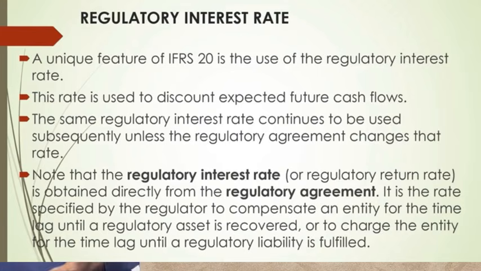I mean, you earned your revenue this year. You supplied the service, but the regulator says you cannot charge fully for it until next year or 2 years later. So for the period that you're waiting, there has to be some form of compensation. So that rate will factor in your waiting period to compensate you because of that time lag. So that is the regulatory interest rate, otherwise called the regulatory return rate.